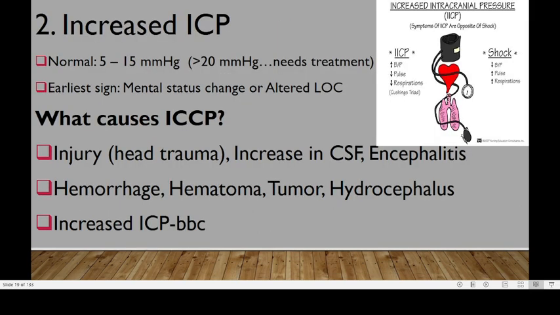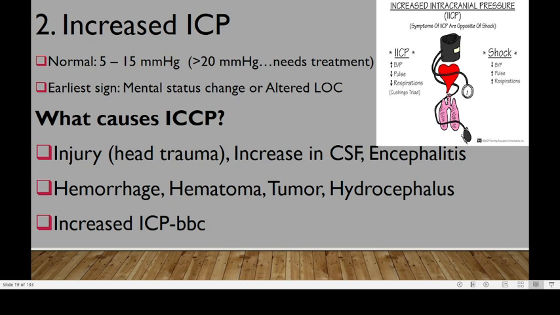Number 2 is increased intracranial pressure. Normal intracranial pressure ranges between 5 to 15 millimeters of mercury. If you have a pressure greater than 20, this will need treatment. The earliest sign for somebody with increased ICP is mental status change or altered level of consciousness.